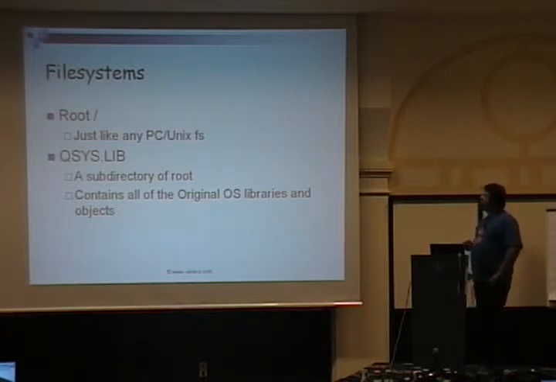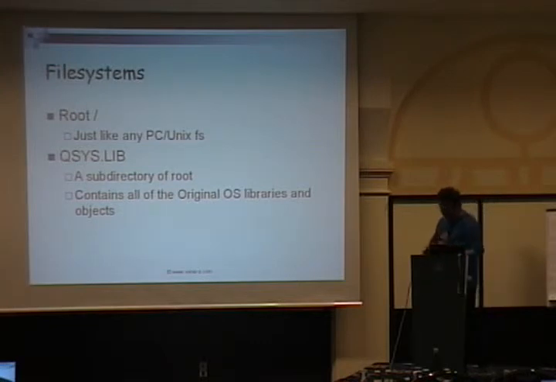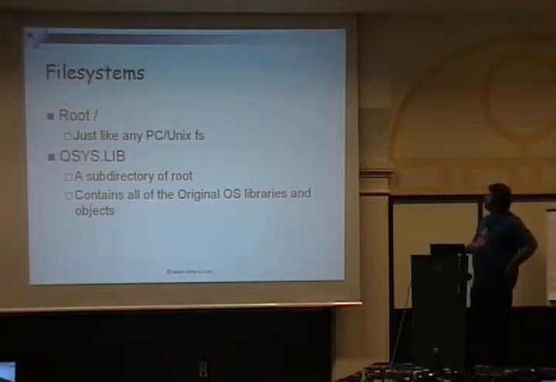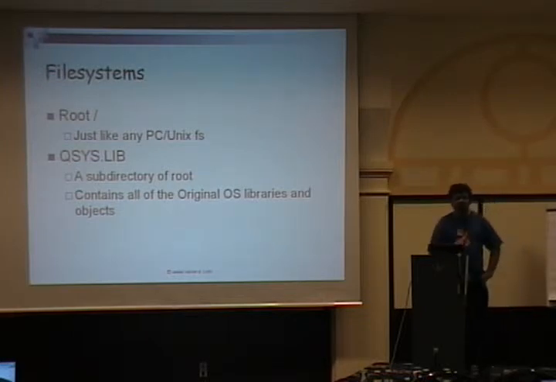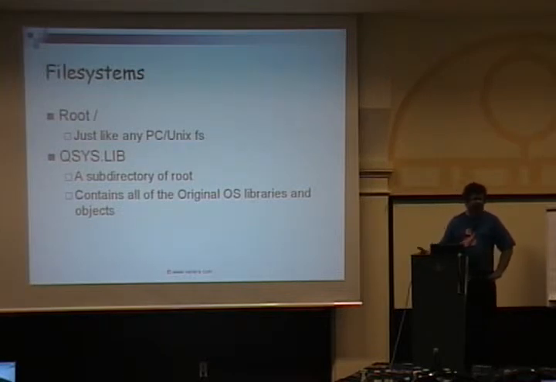We also have two file systems now. One is the root file system, which is just like any commonly known file system that you are familiar with. It supports a hierarchical folder system, and you can place in it, well, anything that you like. It can be text files, image files, JPEGs, Word documents, exe files, anything that you like.